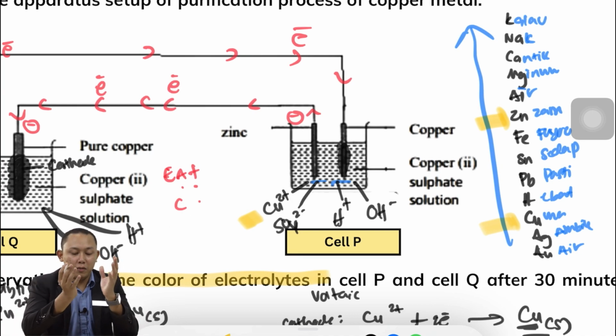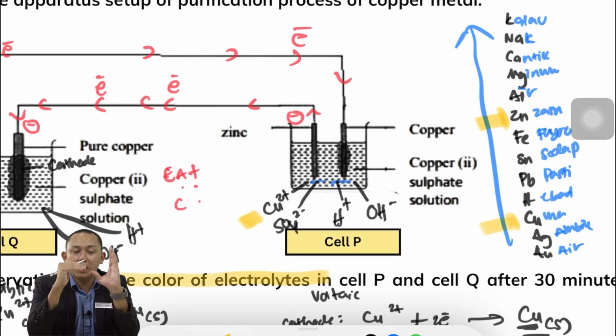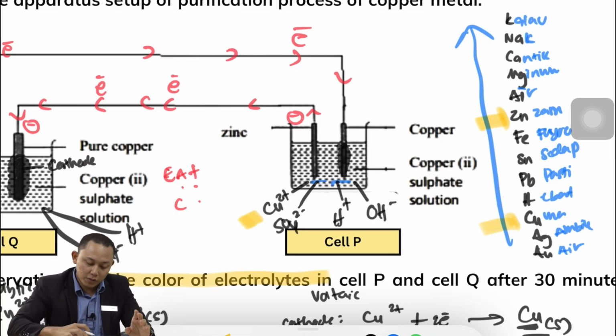Since the blue color comes from the Cu2+, when the concentration is lesser, the intensity of the blue color solution is also going to reduce.